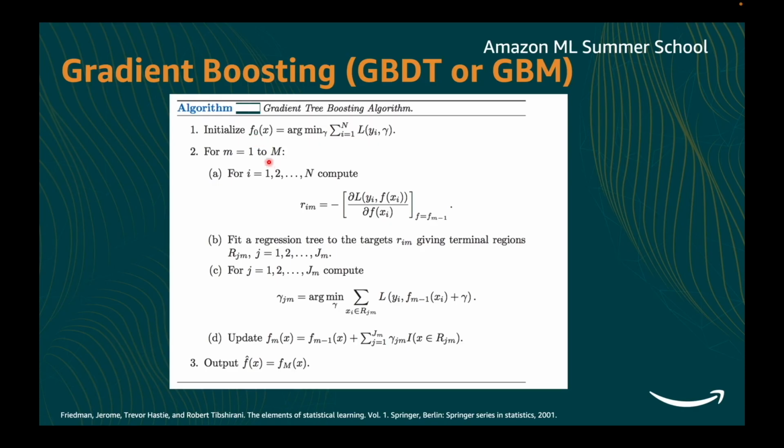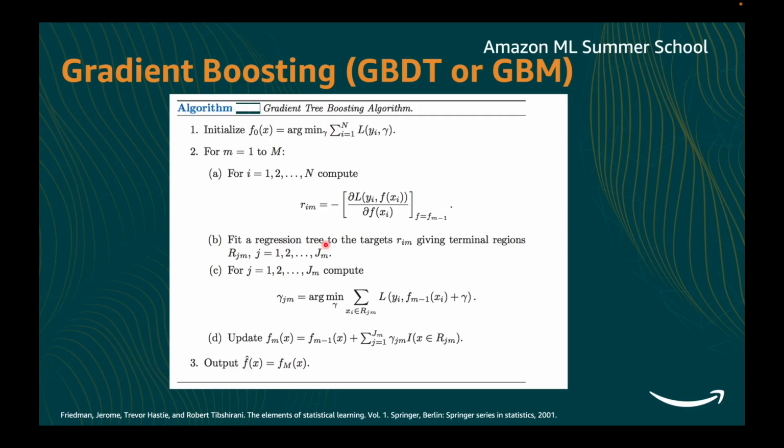And then iteratively, you are computing this residual r_im for each of the i examples. M is the number of rounds over here. So for each of those, you're calculating the residual value, the gradient. The residual value is the gradient, sorry. And you're fitting a regression tree such that you are actually predicting the residuals.